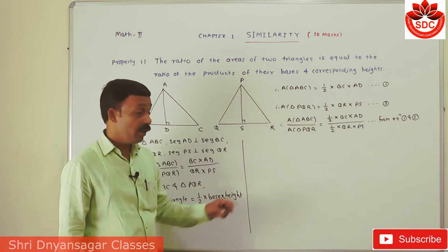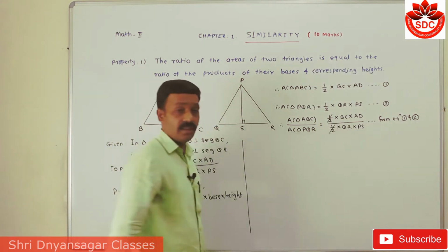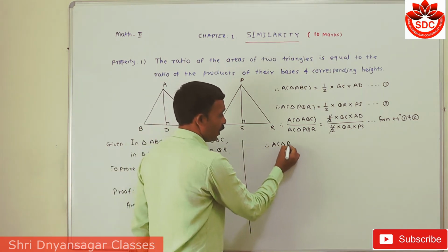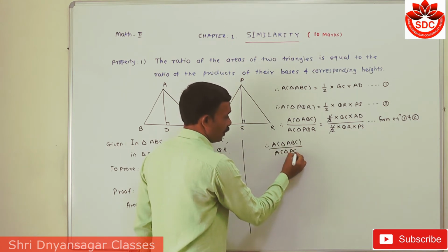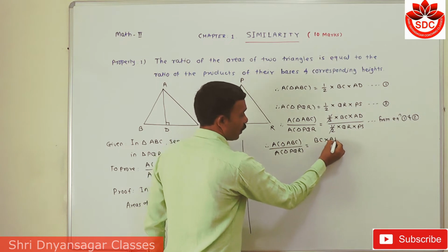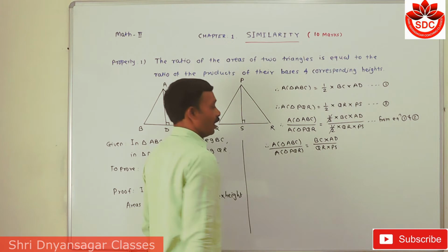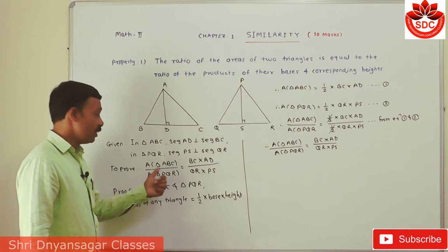Now students, when we observe, this half gets cancelled. Then what is remaining? Therefore, area of triangle ABC upon area of triangle PQR is equal to BC into AD upon QR into PS. And students, hence our to prove is proved here.